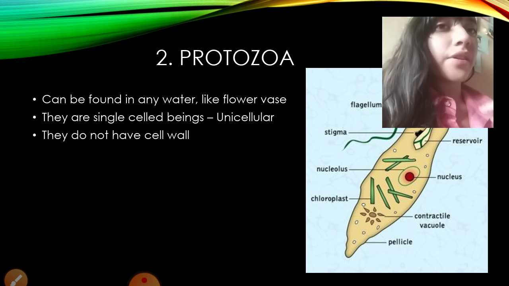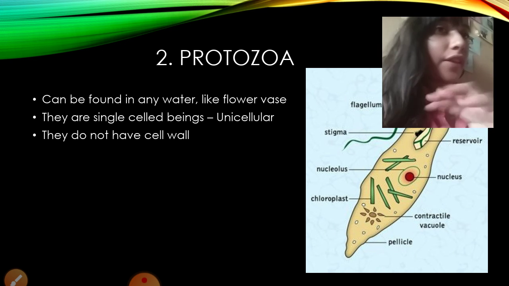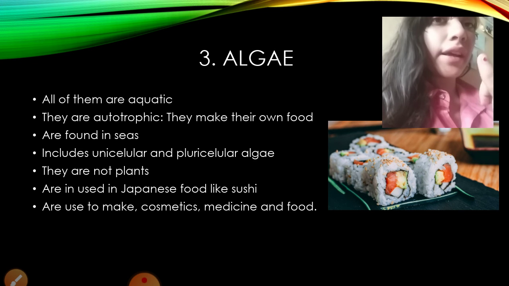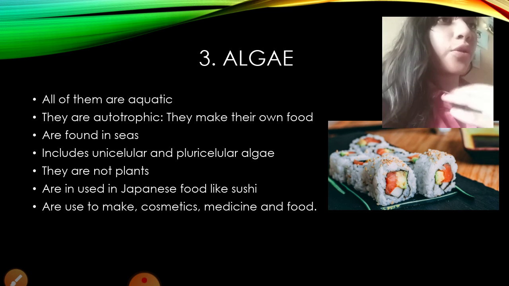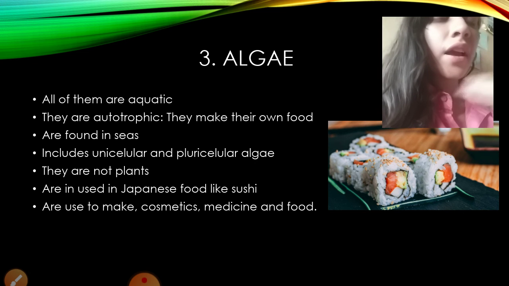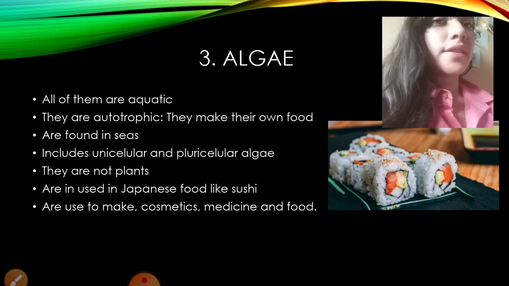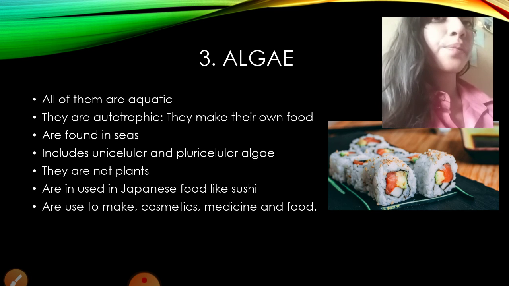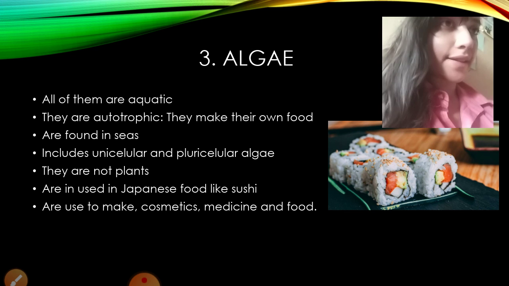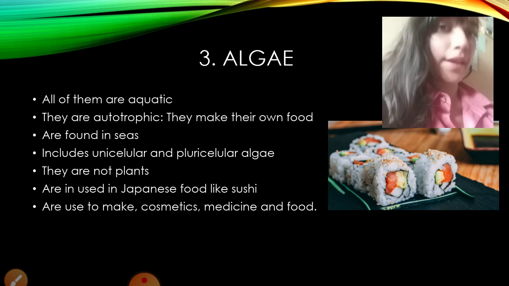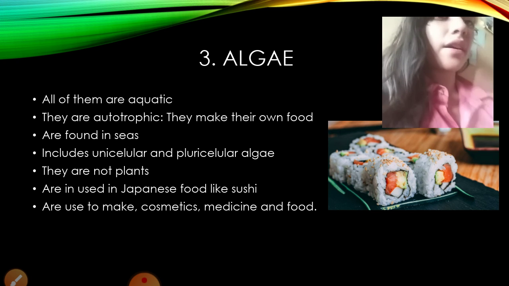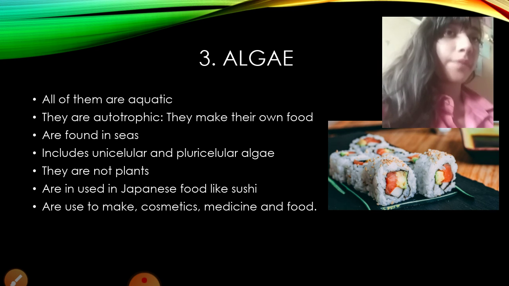They are unicellular because they only have one cell and they don't have cell walls. Algae are aquatic, autotrophic, they produce their own food. They are found in seas. They include unicellular and pluricellular algae. They are not plants. They are similar to plants, but they are not plants. And they are used to produce cosmetics like makeup, medicines, and food like sushi.